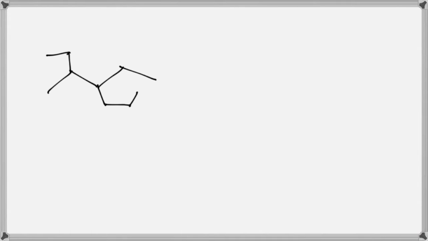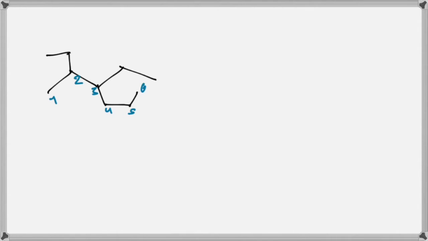Now, going through a more complex example, we're going to see. We first have to identify our longest carbon chain. We can start saying, let's say, 1, 2, 3, 4, and 5, and that's definitely not going to be it. So we can also say maybe 1, 2, 3, 4, 5, and 6. That could be one way of naming it.